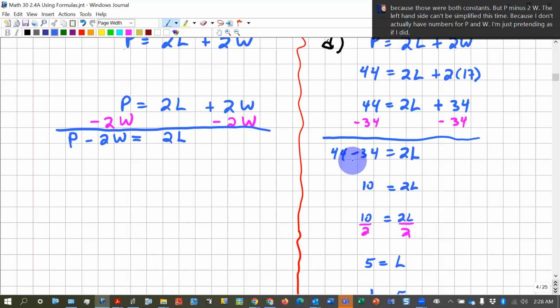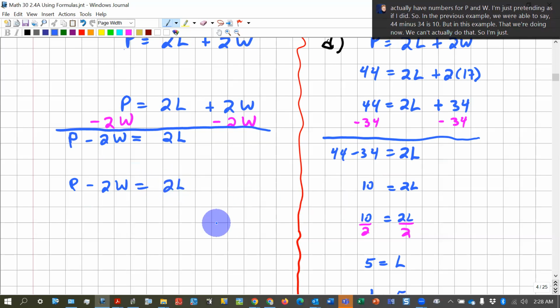So in the previous example, we were able to say 44 minus 34 is 10, but in this example we can't actually do that subtraction. So again, to stay parallel with the previous example, I'm just going to copy it down again. And then we had to say to ourselves, we're trying to get L by itself. L is being multiplied by 2. So to undo multiplying by 2, we can divide by 2.